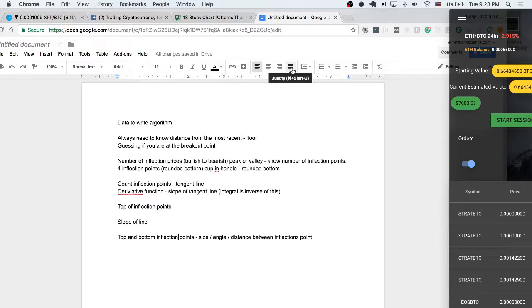Is this point a new low? And you catalog that. Then you have a pool of inflection points. You keep dropping off the old one and adding a new one to the stack. Then you pass in all those inflection points to a function: here are my 20 inflection points, and that gives you back a pattern, right? And you can say, okay, for XRP to BTC, our function returned that it's currently this pattern, and this is how it matched out.